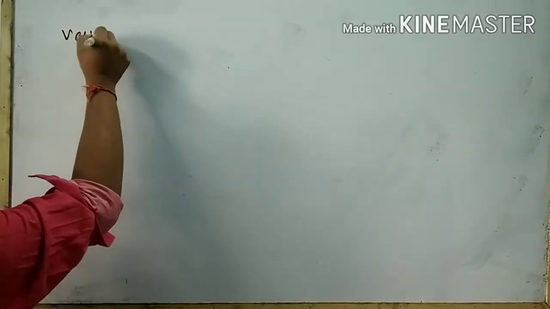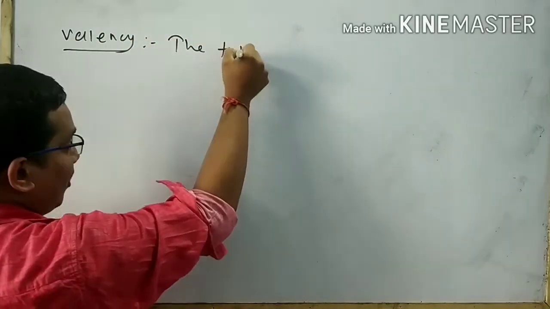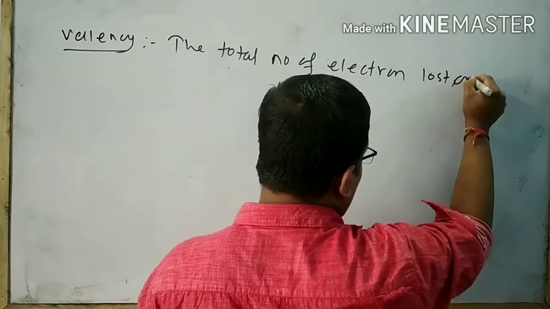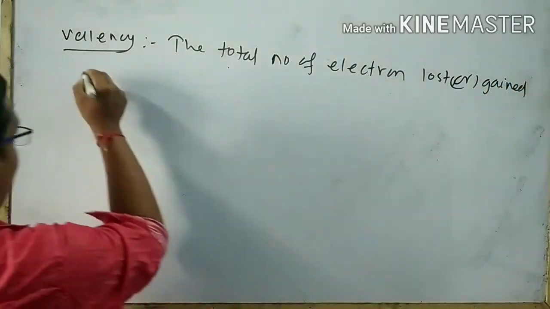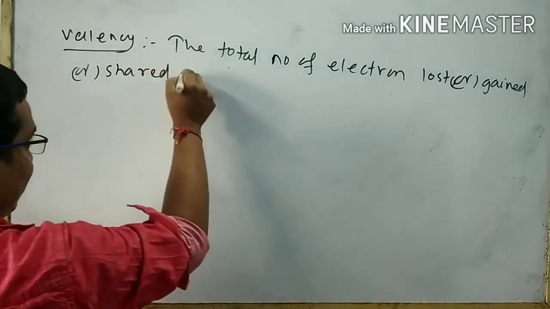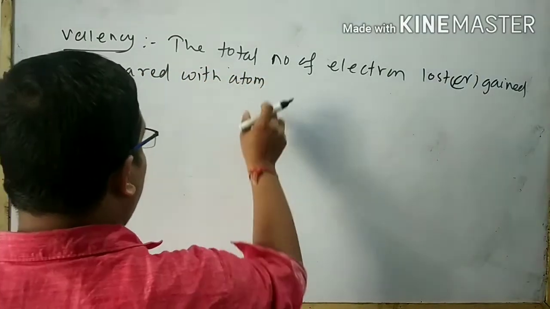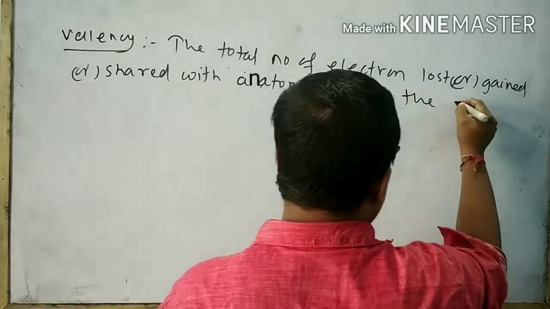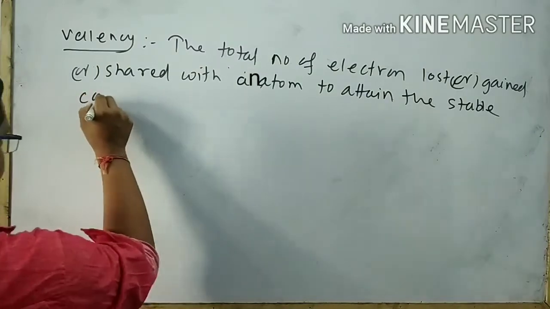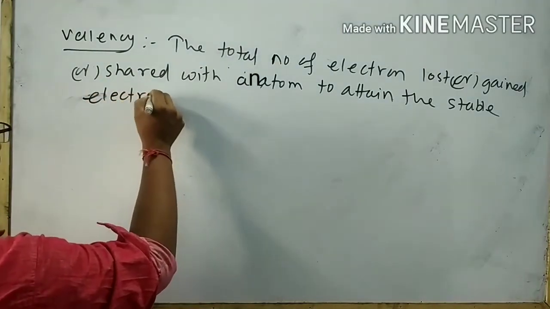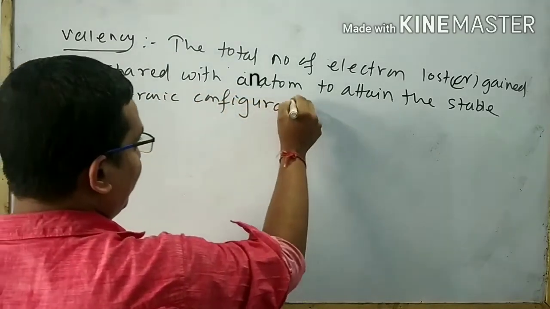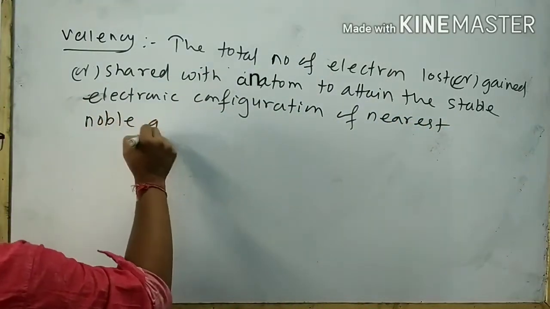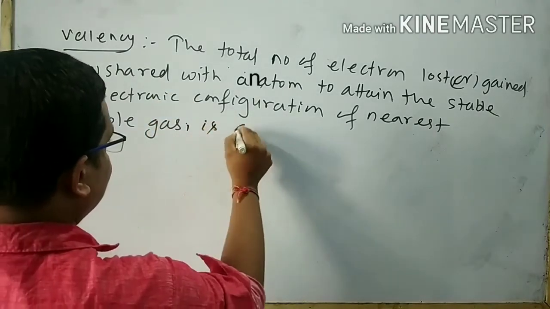Valency means the total number of electrons lost or gained or shared by an atom to attain the stable electronic configuration of the nearest noble gas is called valency.